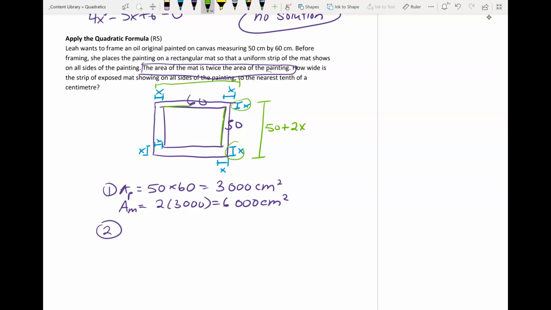We know from here to here is 60, but we also need to add this x and the other x. So that's adding 2x. So that is the length and the width of our mat. So we know the area of the mat, which is 6,000 centimeters squared, is equal to the length times width.